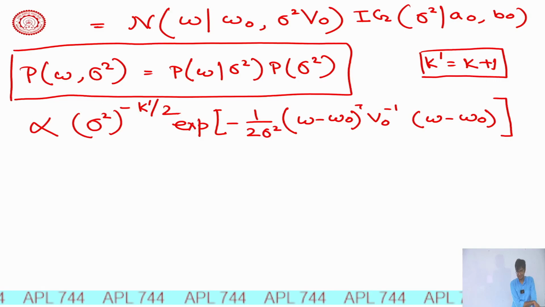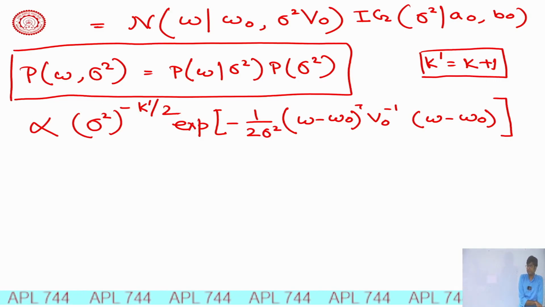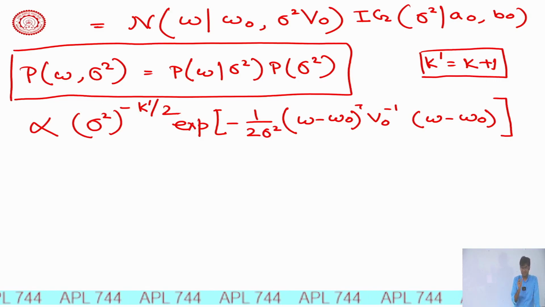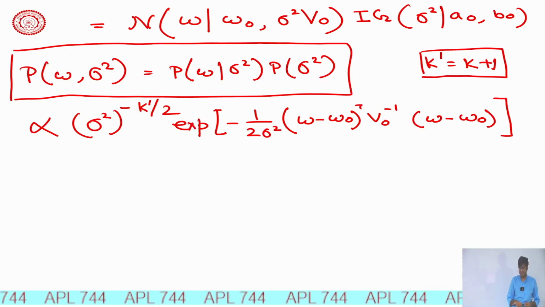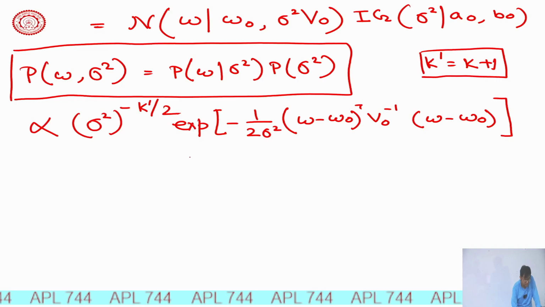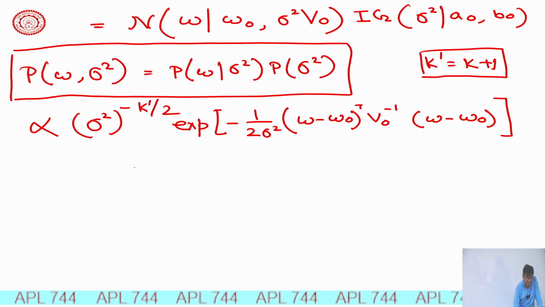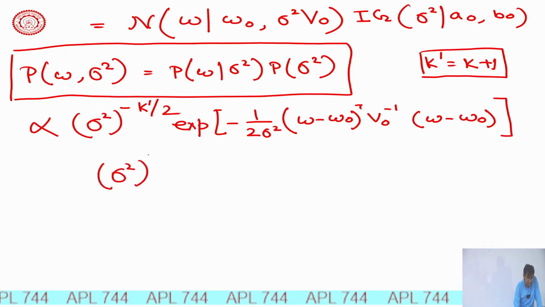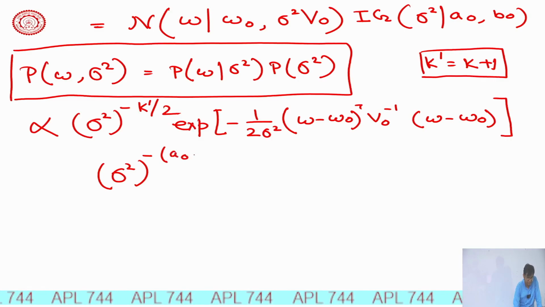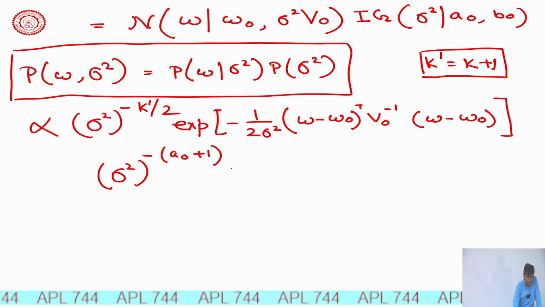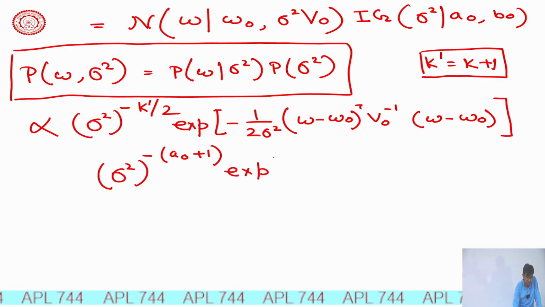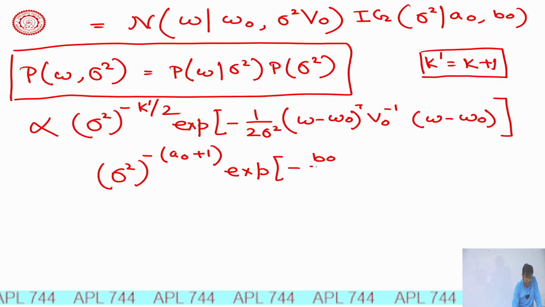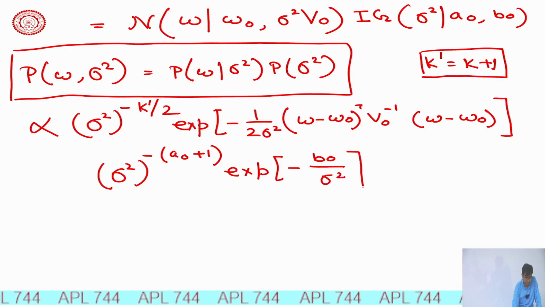Now come to the inverse gamma. As with any other distribution, you do not need to remember the total distribution, but you need to remember the variable components. You should be able to identify them. Inverse gamma takes the following form, it is over sigma square. So, it will be sigma square to the power minus a naught plus 1, exponential of minus b naught by sigma square.